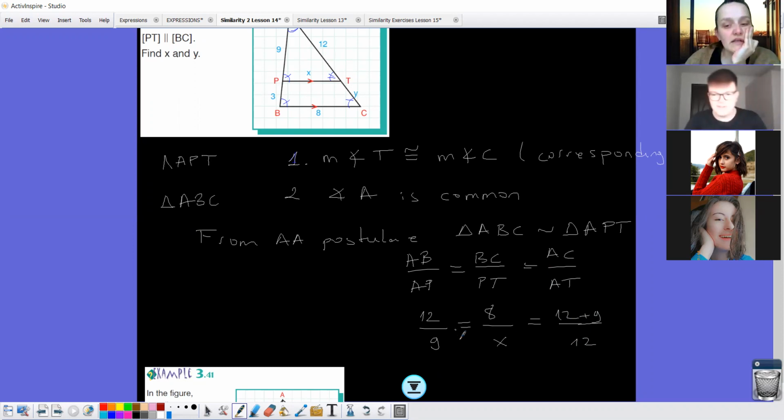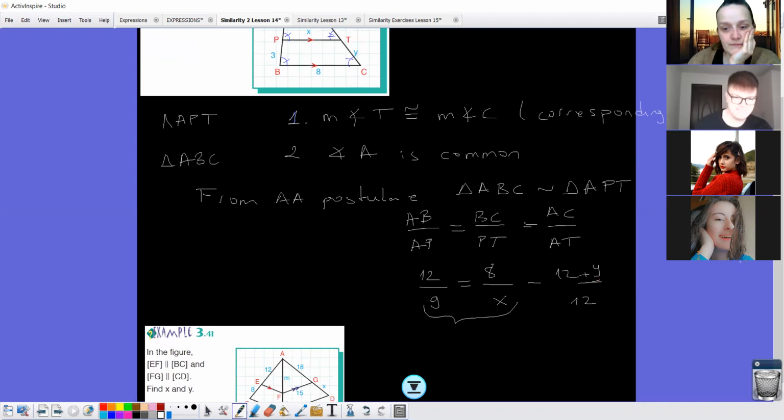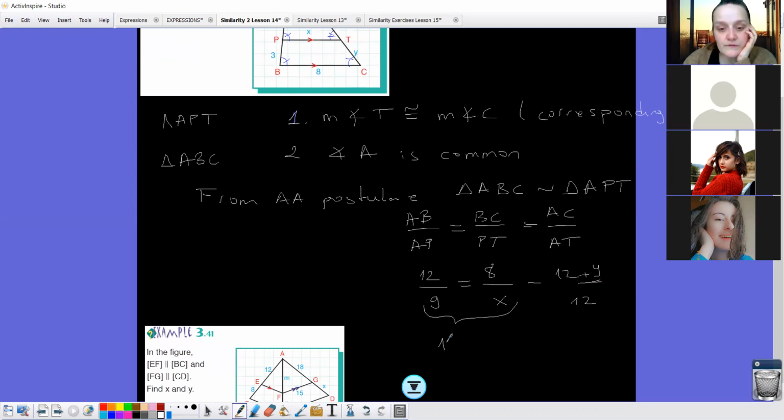Firstly, I will take these two to solve. I have 12x is equal to 9 times 8.